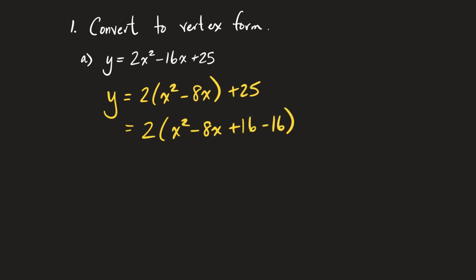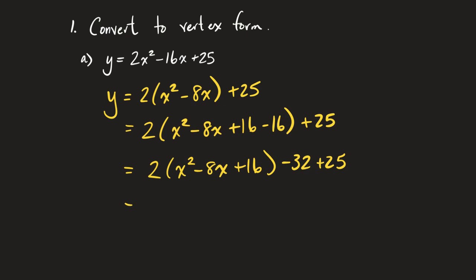I got to subtract out the 16 to make sure that what I'm adding in is 0. Now I need to expand that 2 with my negative 16 to get it outside the brackets. Now I can factor and simplify on the end. There I'm in vertex form. Please do not worry about scribbling that down. I'm going to go through completing the square in great detail.